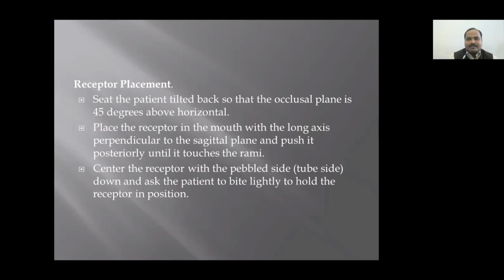The receptor is placed again like that, and it is pushed posteriorly until it touches the ramus bilaterally. Then the center of the receptor, with the pebbled side or the tube side, will be downwards this time because we are going to take the mandibular radiograph. And the patient will again be asked to bite it lightly or hold the receptor very gently.